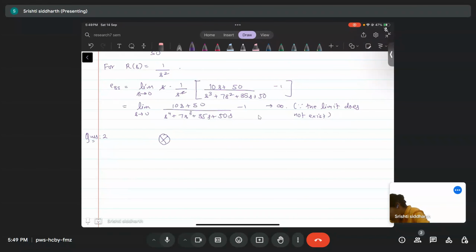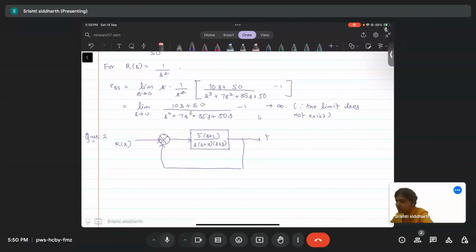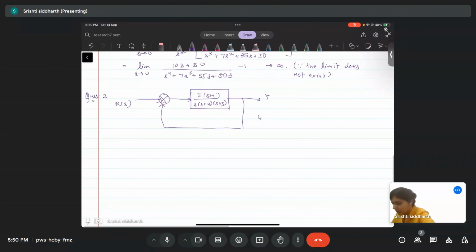The block diagram is given, and then we have this feedback and we have R(s). We have to determine the error due to step input.